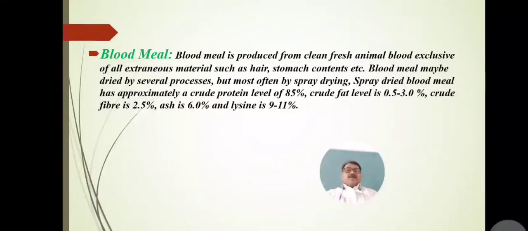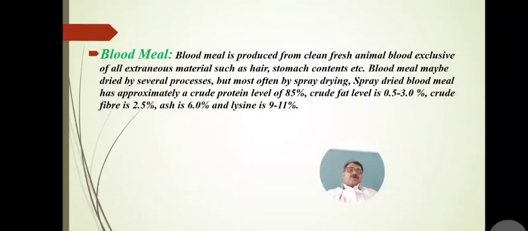That meal is called blood meal. Blood meal is produced from clean fresh animal blood, exclusive of all extraneous material such as hair, stomach contents, etc.